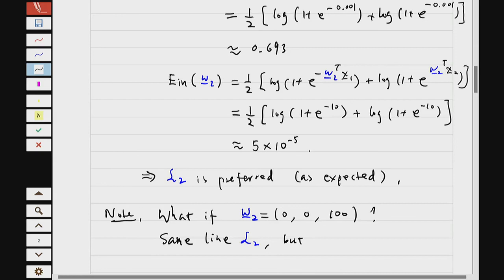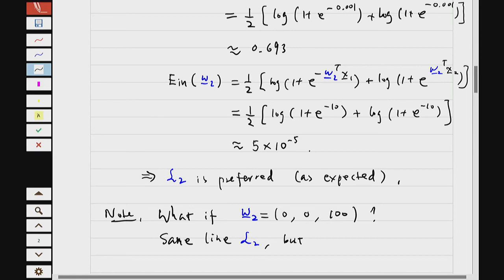This number will be much smaller than the previous one. But it is the same line. Now we have a much smaller number for the error. So these error measurements are not unique, even for the same line. I can arbitrarily scale it any way you want. That's why these numbers don't really have a precise physical meaning. You can only compare them.